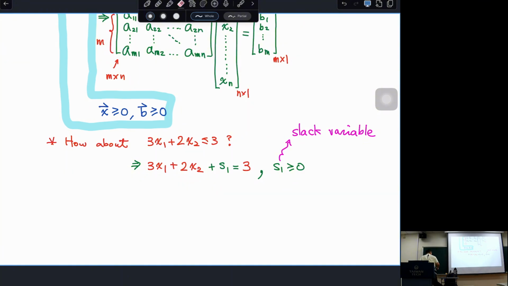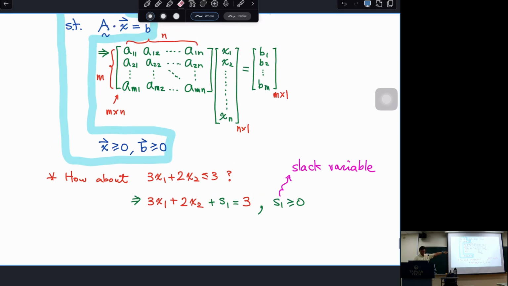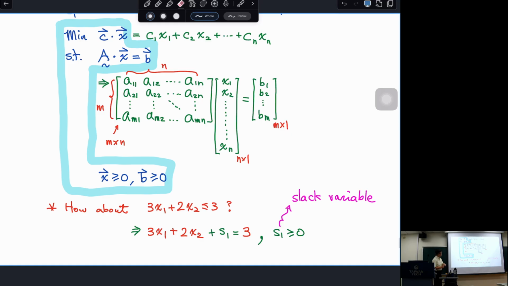Okay? So when you do this, this new equation will satisfy general format, because linear format, equal sign, some positive value on the right.